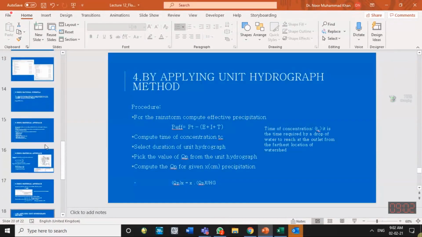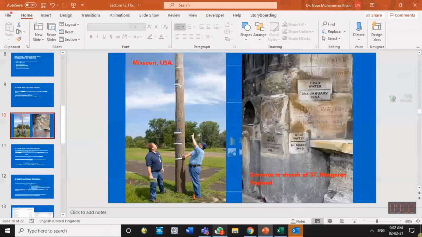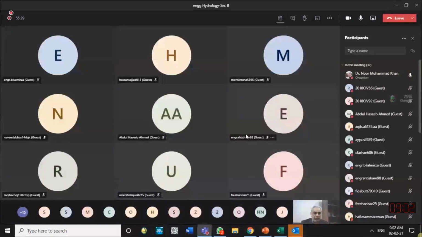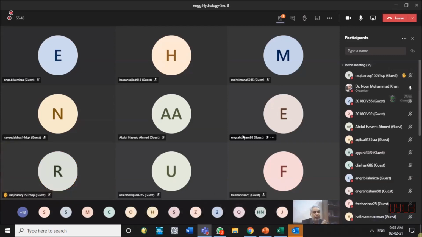So if you have in between any questions, I can take a few questions now. Does anyone have a question? How to estimate the flood? Why floods are necessary to be estimated? How we can select a design flood? That is more important. How do you select a design flood? Based upon importance, based upon the life, based upon the risk we can take, we select the design flood.